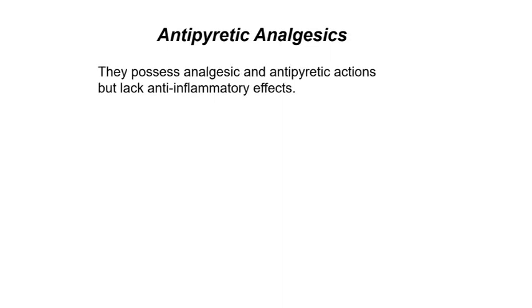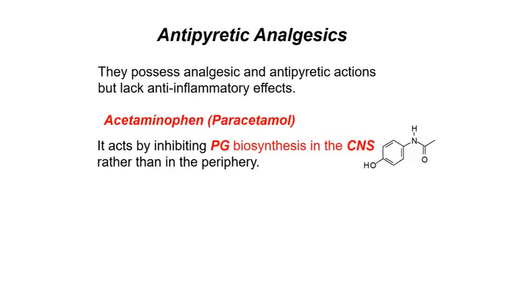As for the therapeutic classifications, we start with the antipyretic analgesics. The prototype of this category of analgesics is paracetamol. Paracetamol has another name, acetaminophen. Both names describe the presence of an acetyl function on an amino group.